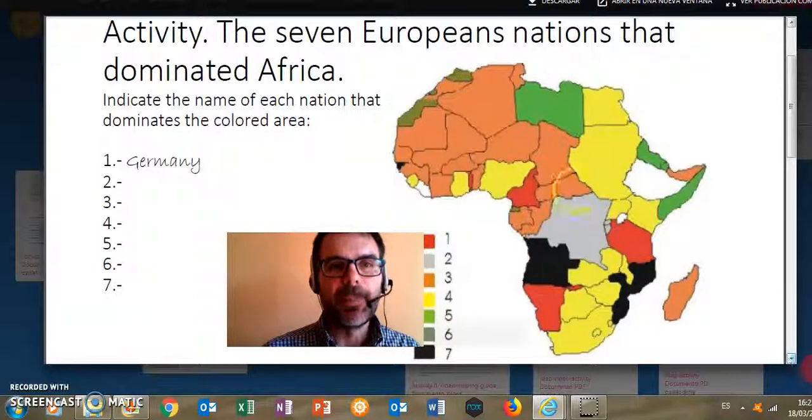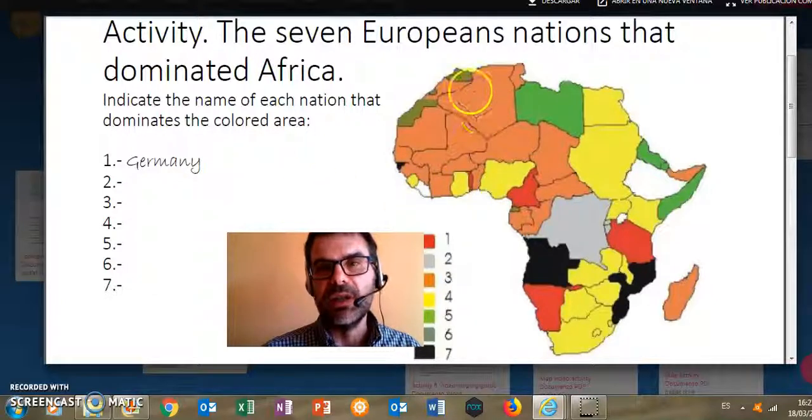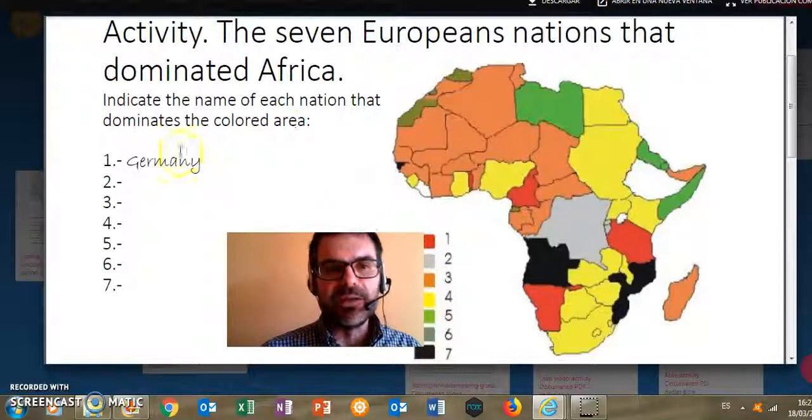This is the idea. Here they need to fill in the names of the nations. For instance, the red is Germany and the orange is France.